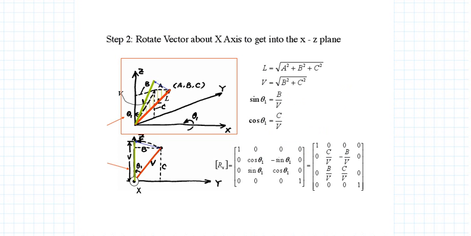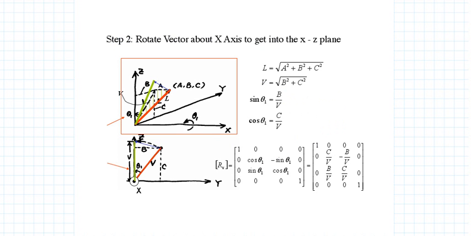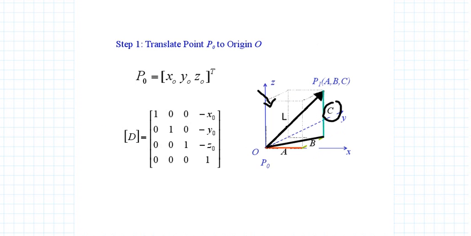How? If you think of this as a triangle, let me draw the triangle in 3D space. This distance is going to be root under b square plus c square.